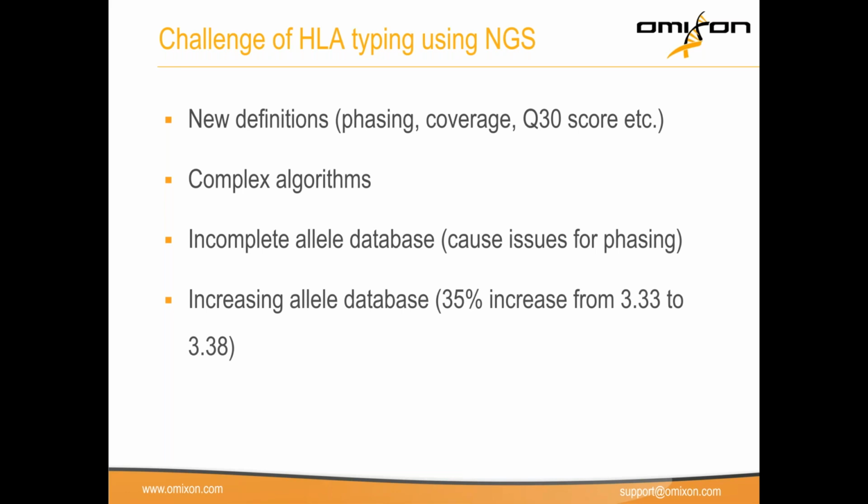As a sort of contradiction, what is also a challenge is actually the increasing HLA database. Although it's great that people submit their alleles, and especially when they are completing missing sequences, it can definitely be a challenge. Especially the last years, we can see a very high increasing database.